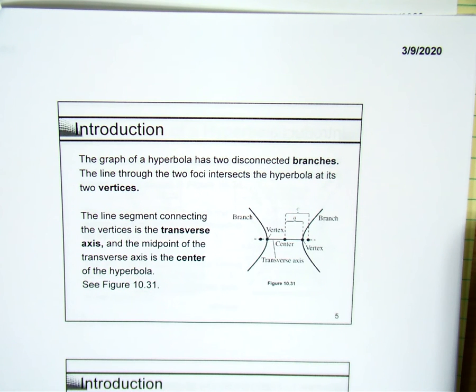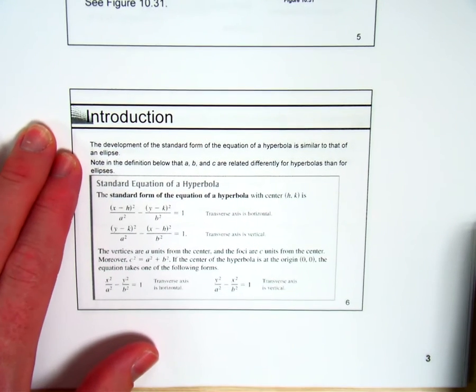Your B distance with the co-vertices isn't always shown. We can graph those when we do them. That can help make your rectangle in the middle, which helps you draw your asymptotes a little more accurately. But the book doesn't really ever use the B numbers or your co-vertices, but we can use them.